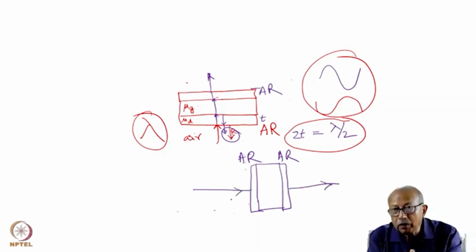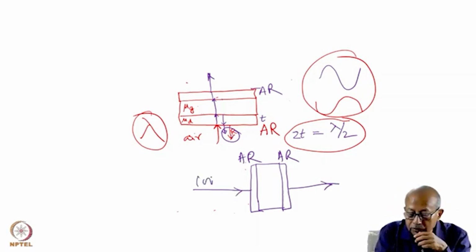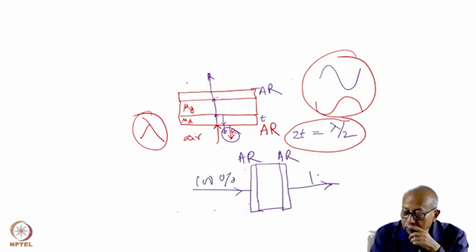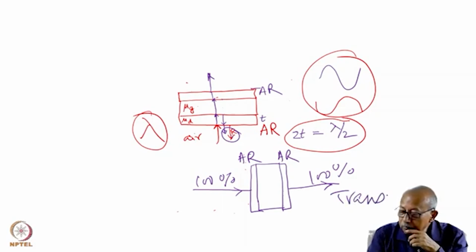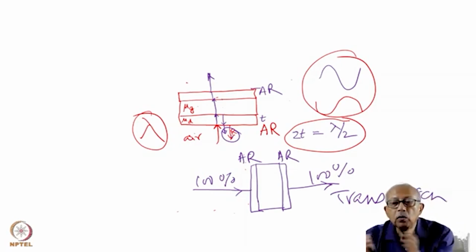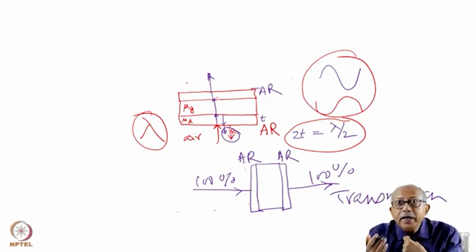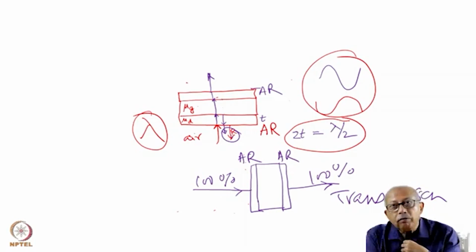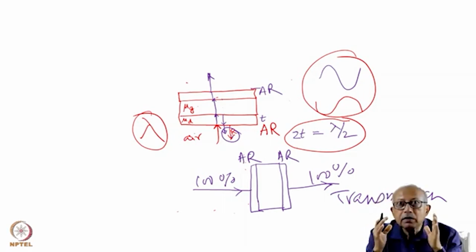There is no reflection, 100% transmission. Such a glass plate with anti-reflection coating on either side is very popular, in wide use in various laser systems as a window.